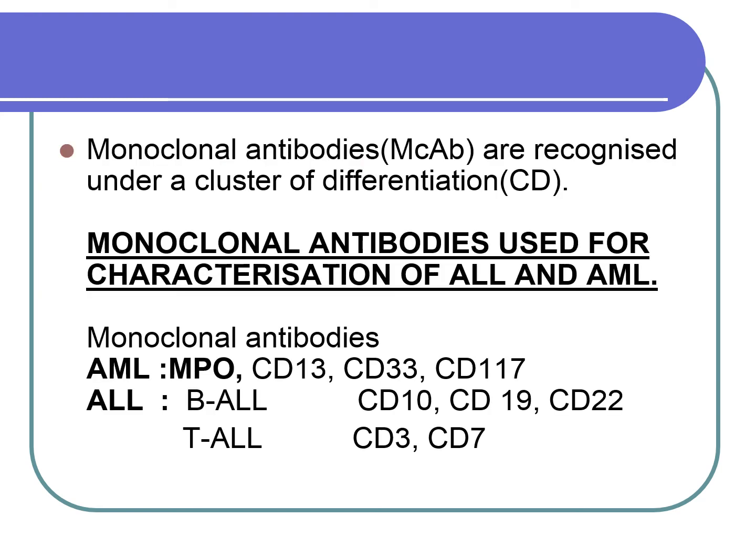To identify these surface receptors, we can use monoclonal antibodies, and the most common antibodies for acute myeloid leukemia are MPO, CD13, CD33, and CD117. For B-ALL, we can use CD10, 19, and 22, and for T-ALL, we can use CD3, cytoplasmic CD3, and CD7.